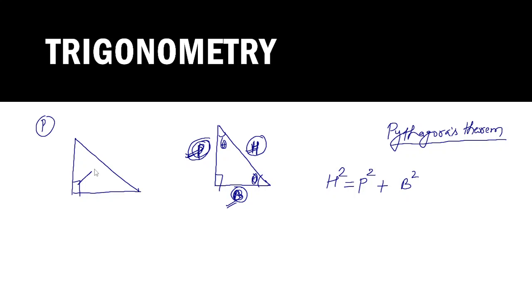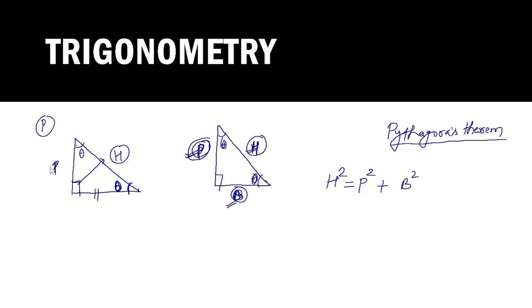The side which is in front of right angle is known as hypotenuse. But perpendicular is different. When we consider this angle, then the side which is in front of the angle which we have considered is known as perpendicular. Right? When we consider this angle, then this one is perpendicular.